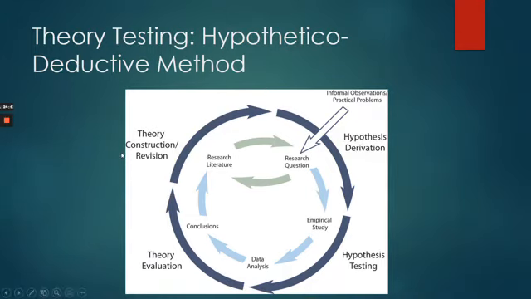Those conclusions about the theory go back into the larger theory and research literature, and lead to either revision or verification of parts of the theory. I'm pretty sure you're fairly familiar with that. So it's that same sort of process.